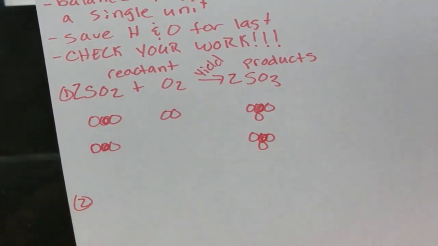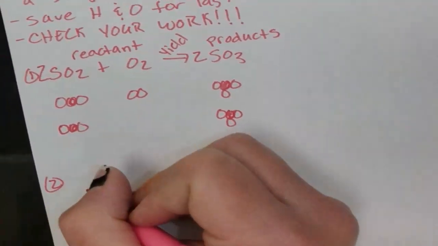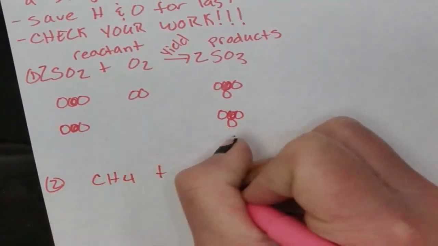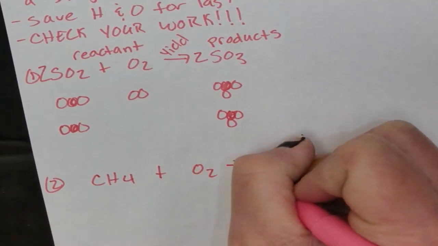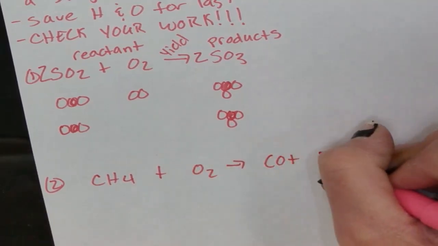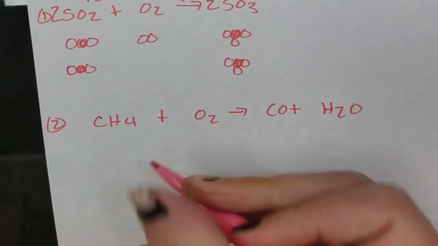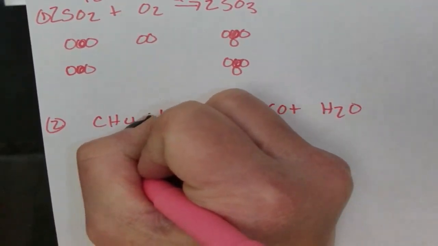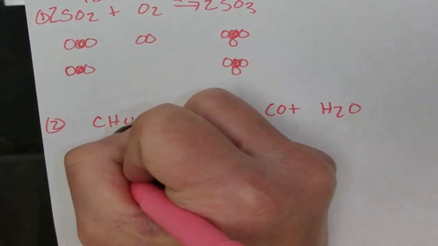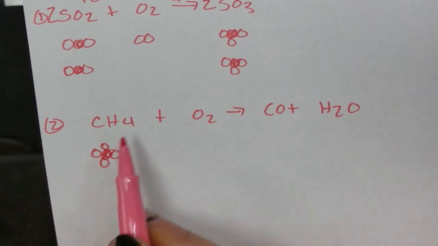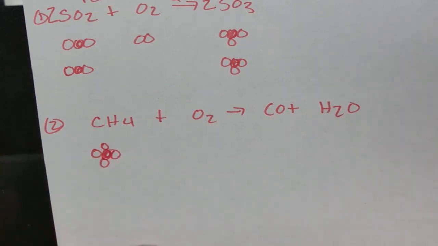All right, let's do us another example. CH4 plus O2 yields CO plus H2O. So when I draw my particle diagram, I'm going to draw CH4. I'm making the carbon shaded and the hydrogens unshaded.